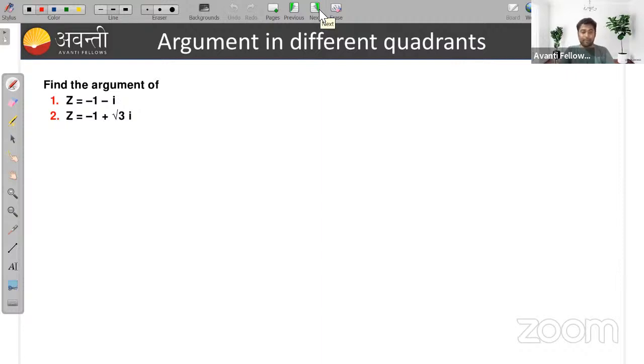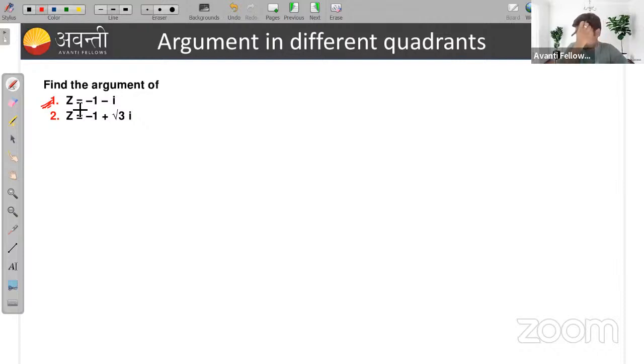How can we find the argument? This question we already solved, but try to find the argument in the first question. Let's solve. Tell me in the chat box, what is the argument of this complex number?